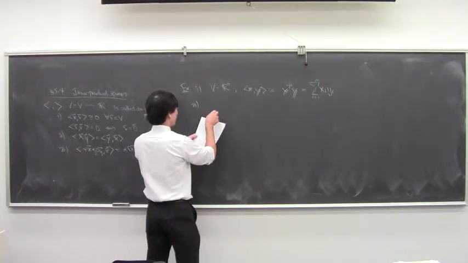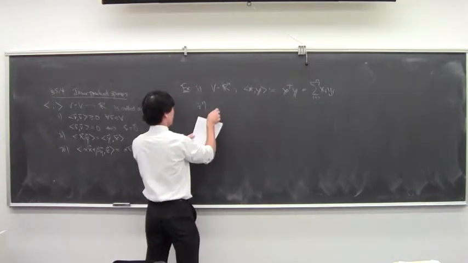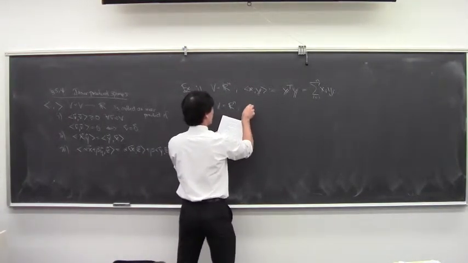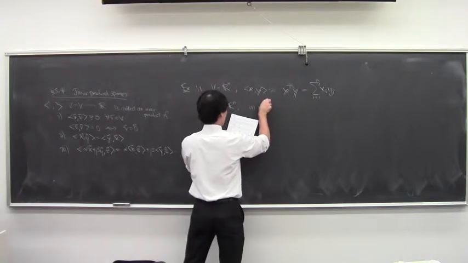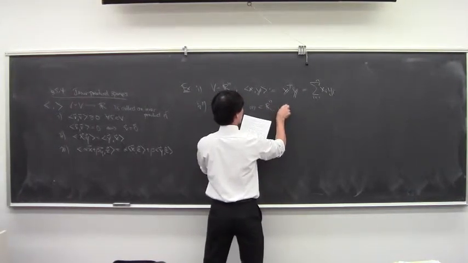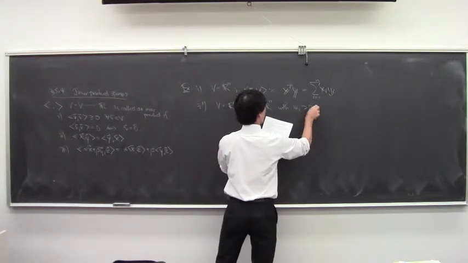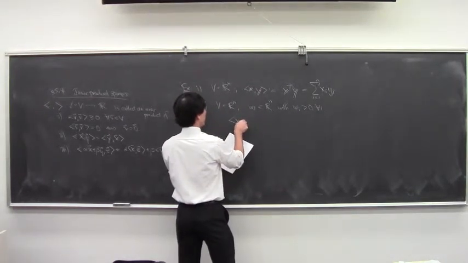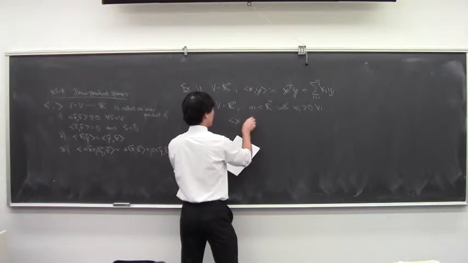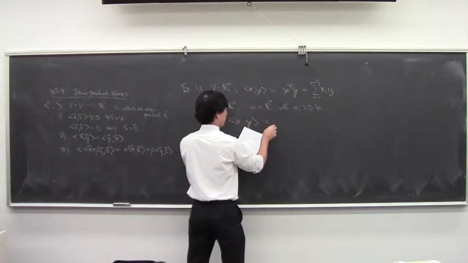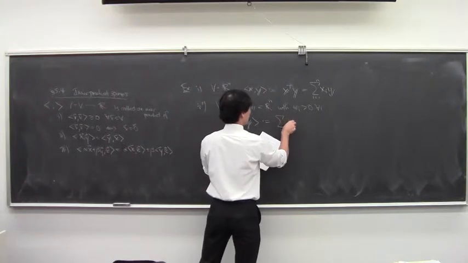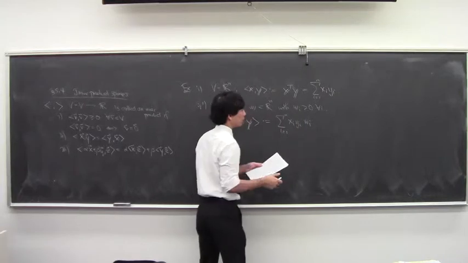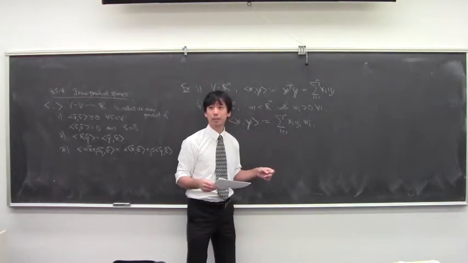Number 2, a modification of that. Actually, let me call it 1 prime. So V in Rn, and you have some W in Rn with Wi bigger than 0 for all i. And we define another inner product by taking the old dot product and throwing these W's into the mix.